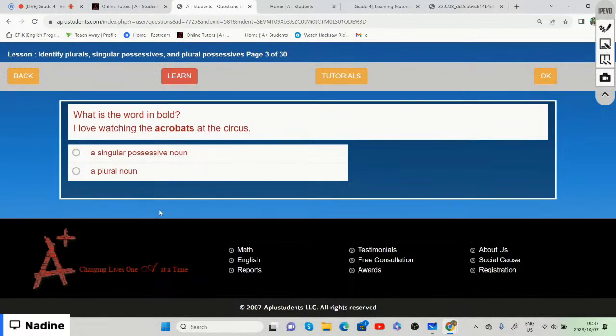So look at that sentence that says, I love watching the acrobats at the circus. Is there an apostrophe and an S, or just an apostrophe? Does it show a singular possessive noun, which is option one, or option two, it's just a plural noun?